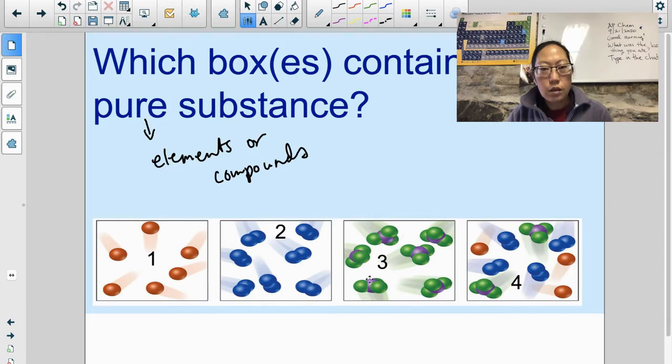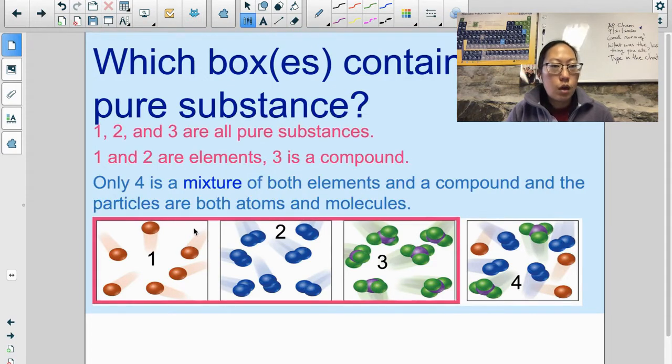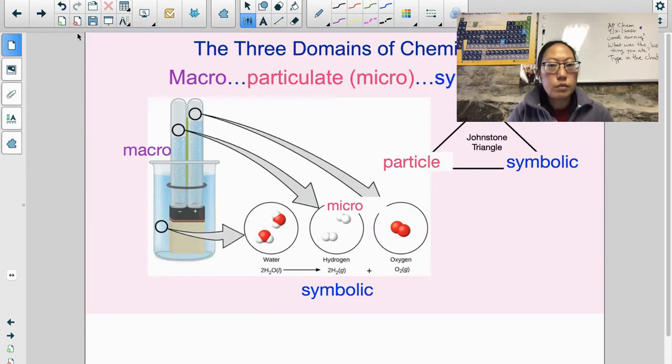So again, 3 is pure. But if we look at 4, there are different types of particles in 4. So the first 3 are pure substances, but the 4th is a mixture. Again, we're trying to go between these 3 levels of chemistry.